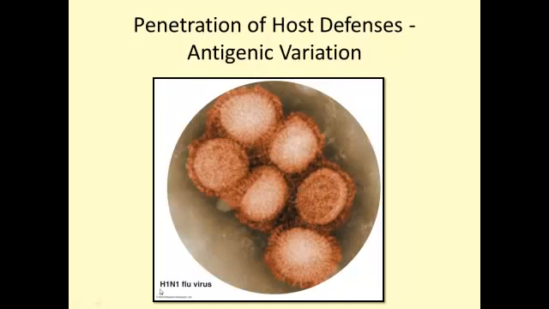You have the H antigen and you have the N antigen. They mean other stuff that you don't really need to worry about. But these vary enough that your immune system has to create completely new antibodies to combat the virus. That's why you get a flu vaccine shot every year, because of influenza antigenic variation.